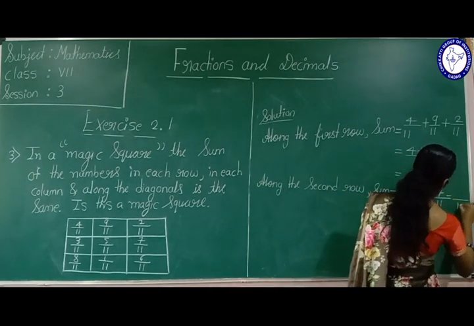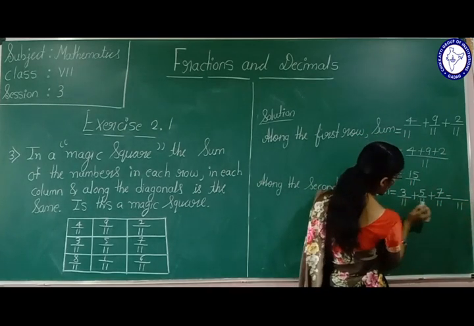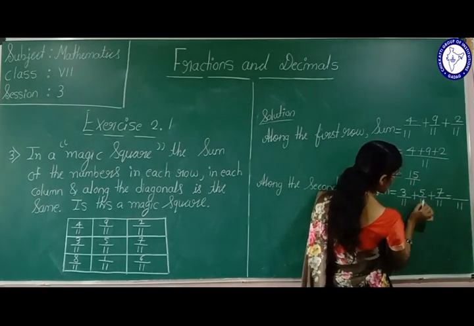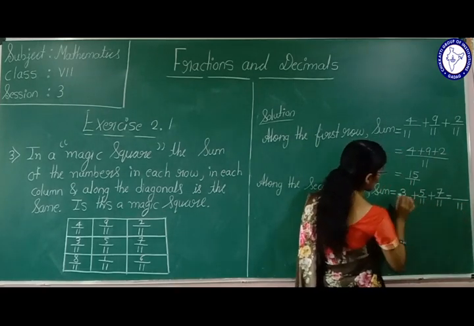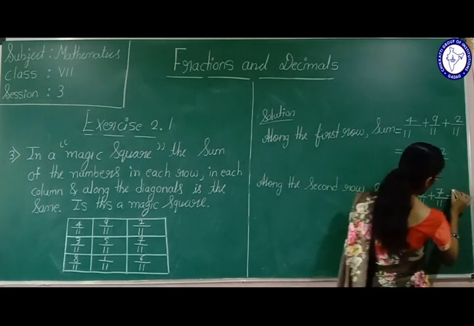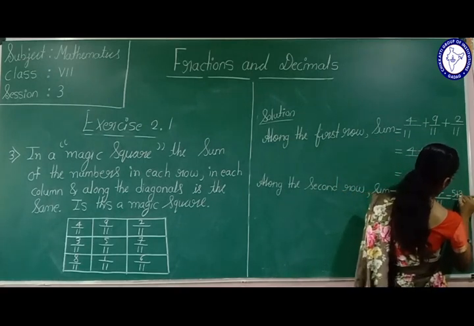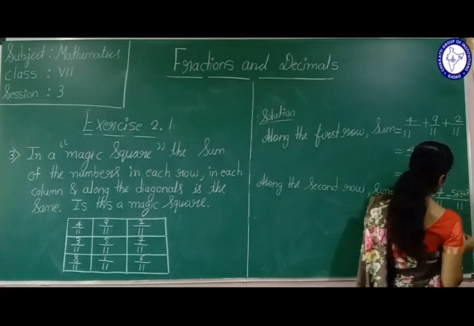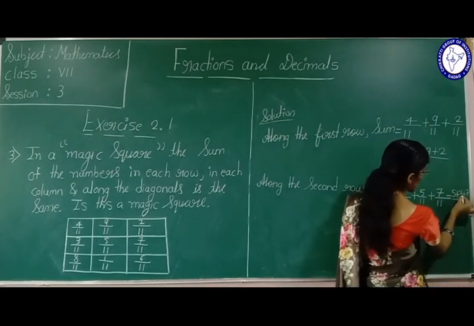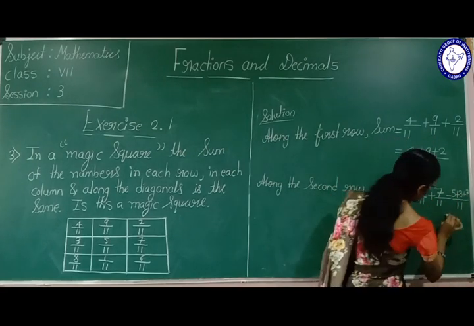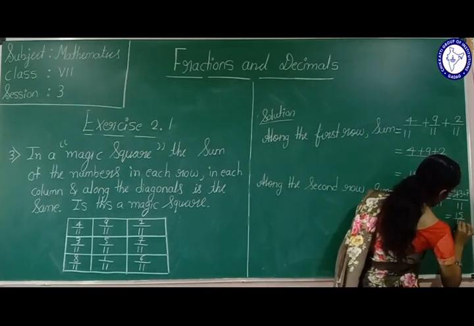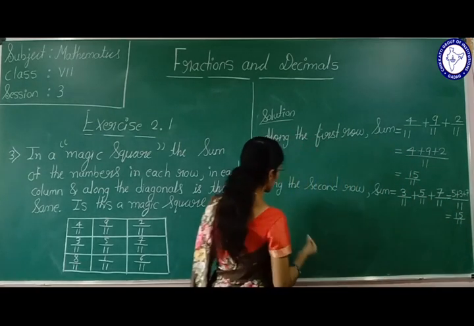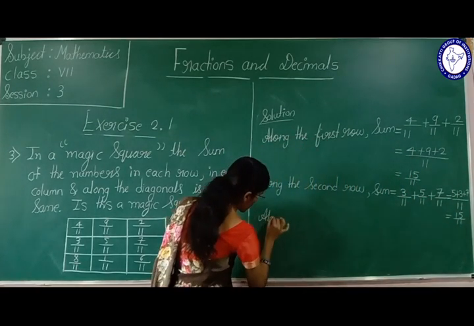Okay, 11 will keep here because these are like fractions. We are going to keep the denominator same. What is 5 plus 3 plus 7? 5 plus 3 is 8. 8 plus 7 is 15. 15 by 11. Okay.